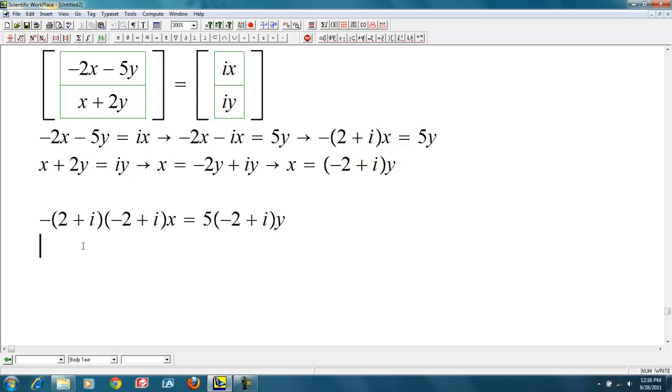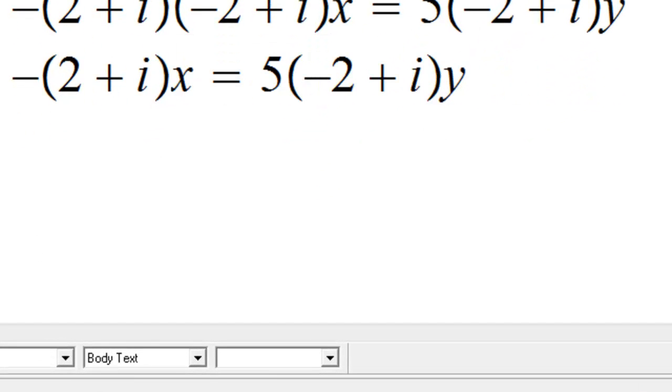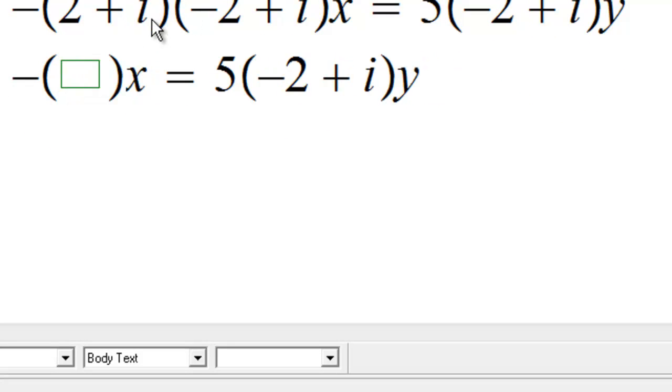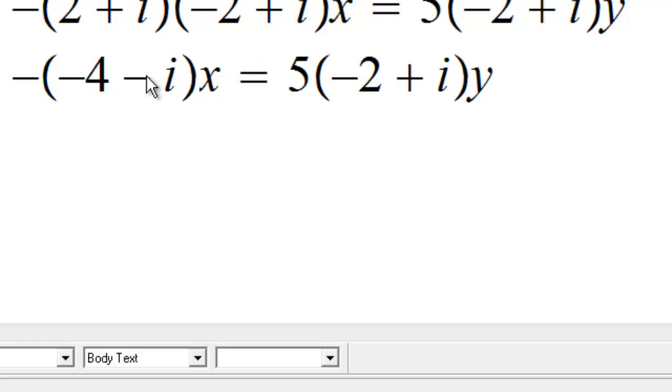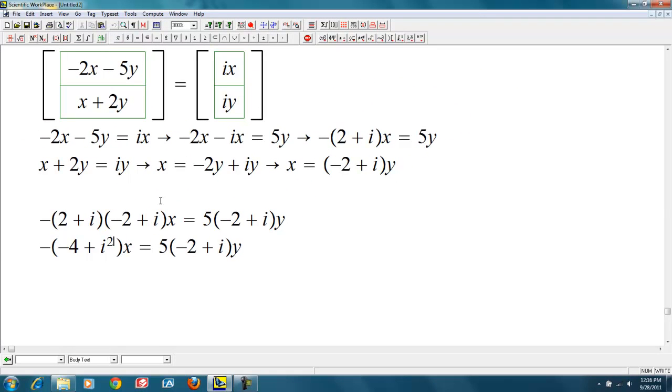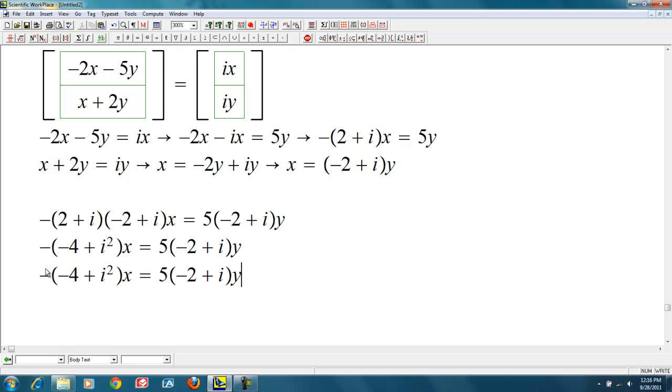All right. So here, see this here. If you multiply these together, you get negative 4 plus i squared, don't you? Right? Okay. How much is i squared? i squared is simply negative 1, isn't it?